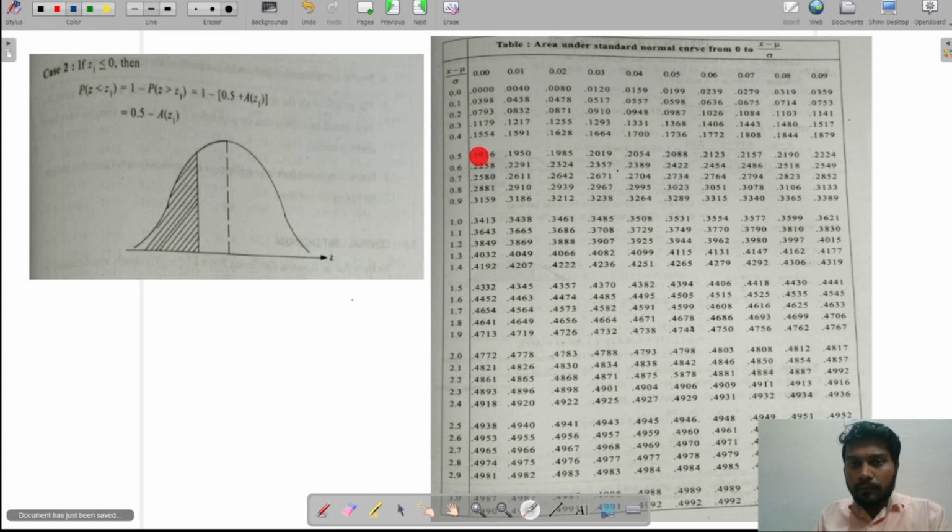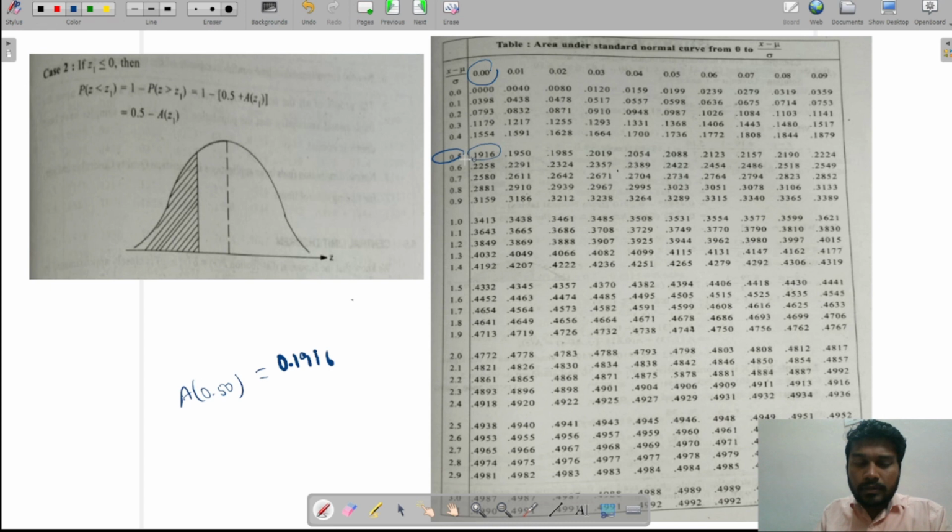So 0.19 happens at 0.5 and the last digit is 0. So can I say this 0.1916 exists at 0.50, 0.5 and the last digit is 0?